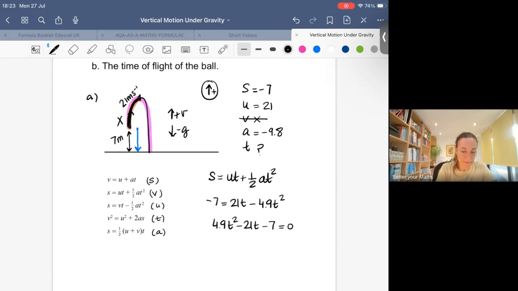We solve that, and we ignore the negative value of t because time cannot be negative. So t is 4.6 seconds to two significant figures, and the other value is minus 0.31 seconds. We cross this one out, it's not possible, and the time of flight is 4.6 seconds.